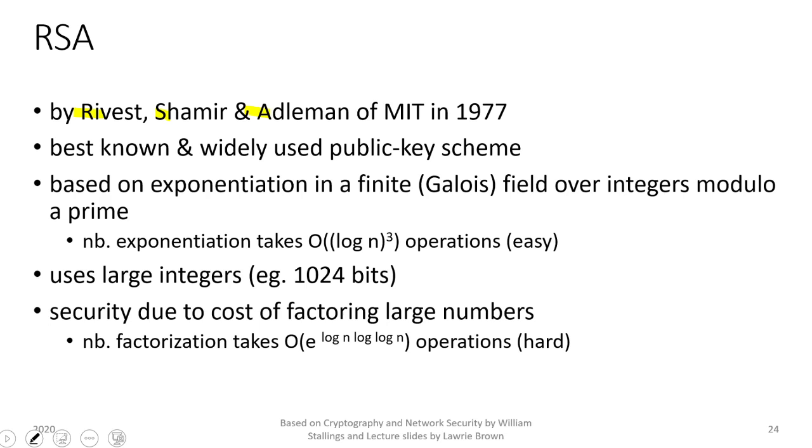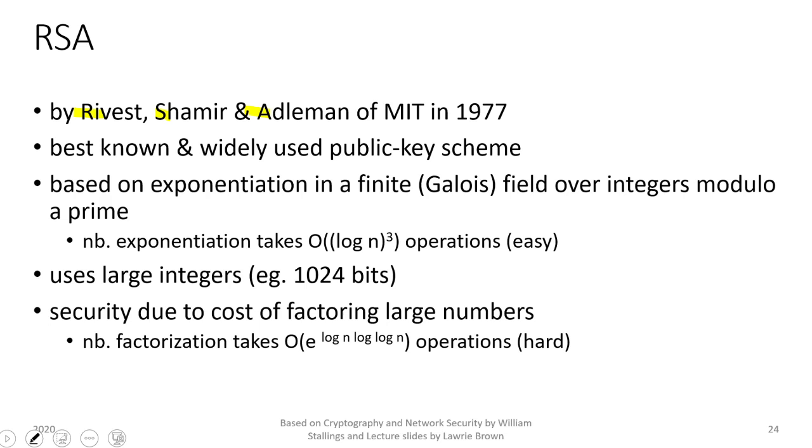The basic idea here, in terms of the basic one-way function, is based on exponentiation in the finite Galois field. We may have briefly touched upon Galois fields, but the idea is that the operations would still fit within that same field of numbers.